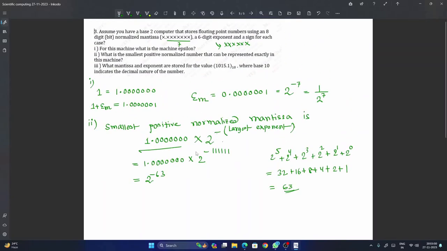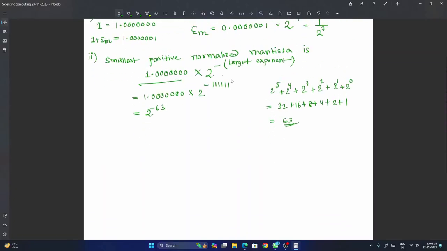So now the number 3, this third question we have already done for the IEEE 754 format. Now we will do it for this particular type of format, but without any biased exponent, because here you don't have to take the 127 or anything, because here they allow a sign for the exponent part also.